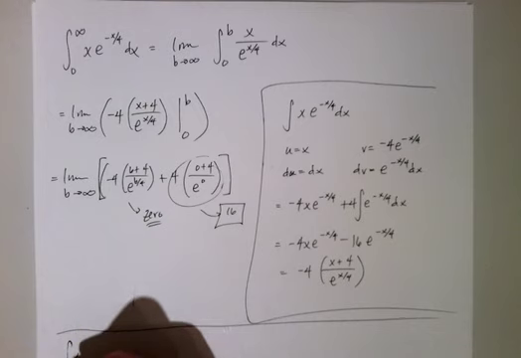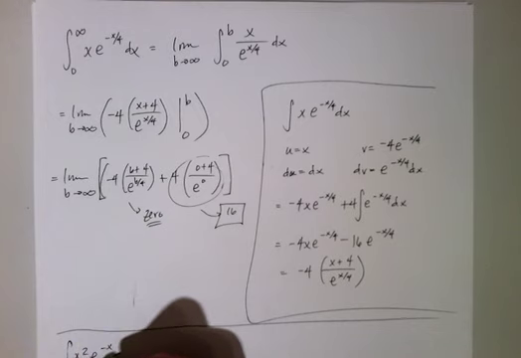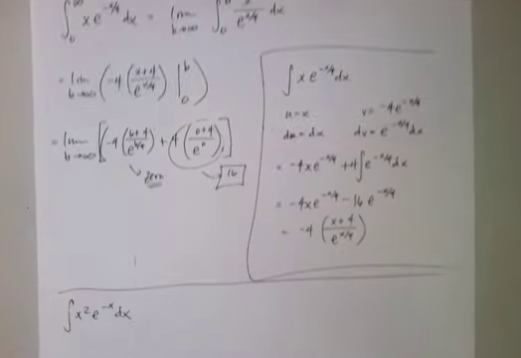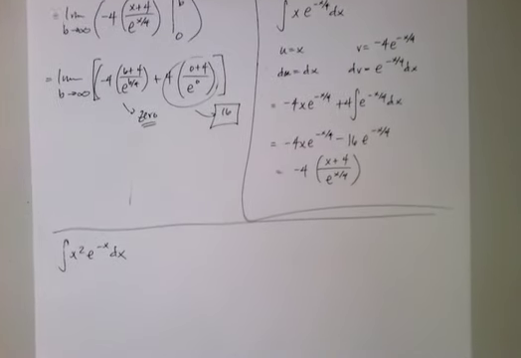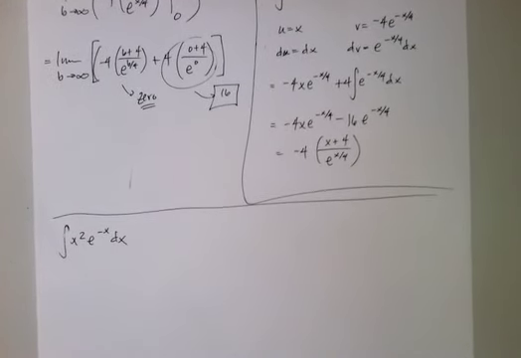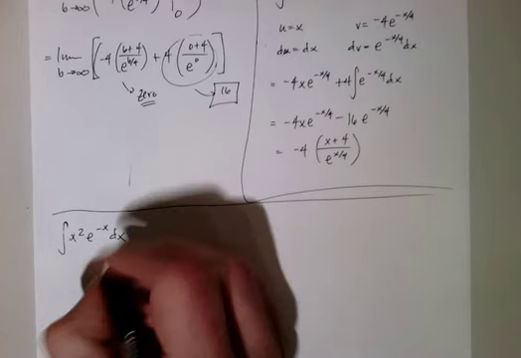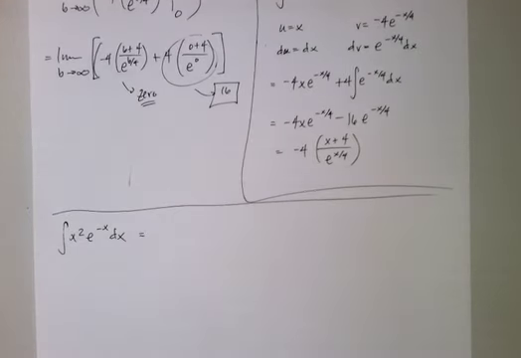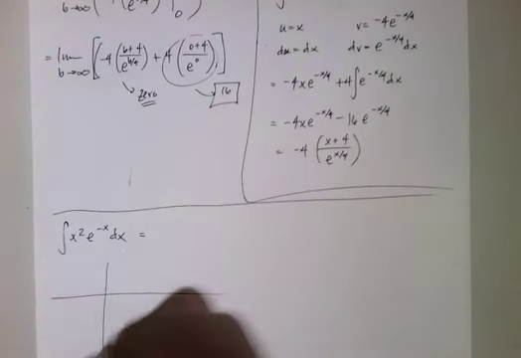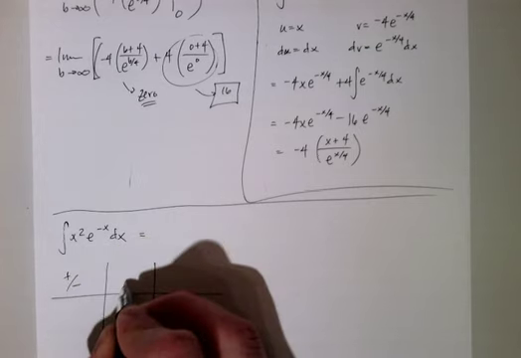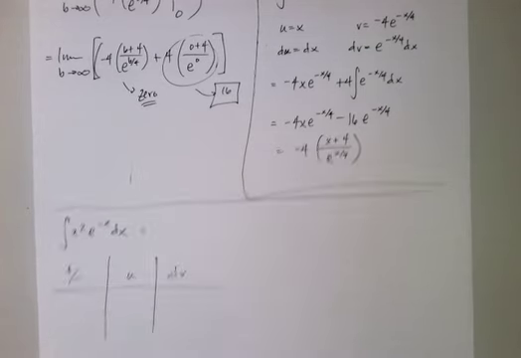Well, let's go ahead and do x squared e to the negative x dx and see what happens there. Well, instead of a linear over an exponential, this is going to be a polynomial over an exponential. It's still going to be parts, but since it's x squared, let's use the tabular method. Okay.